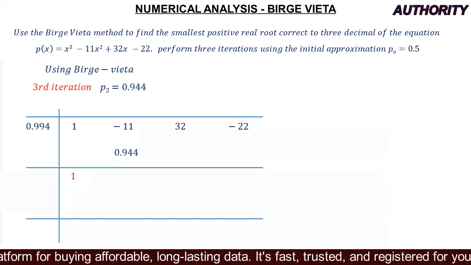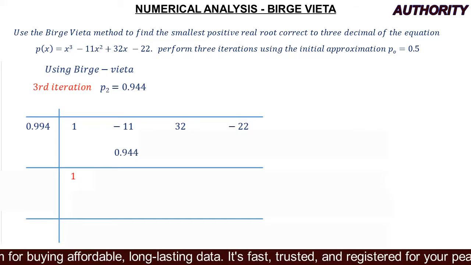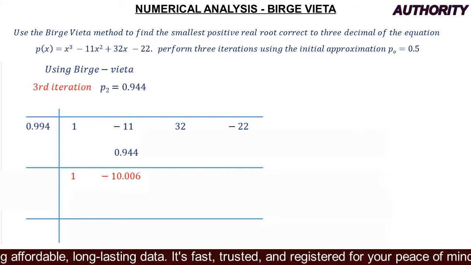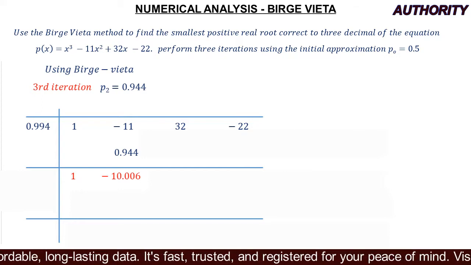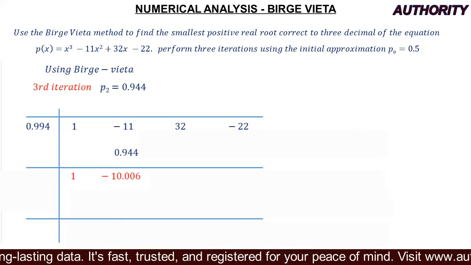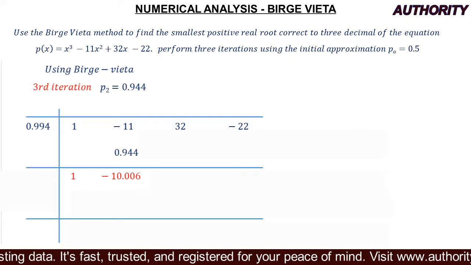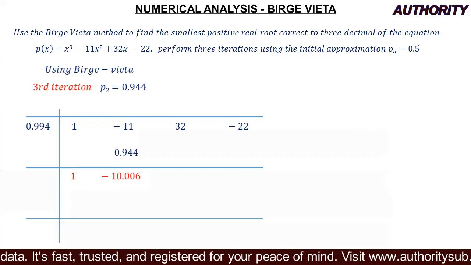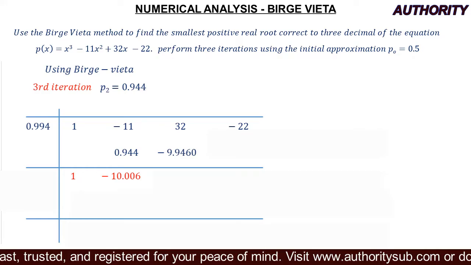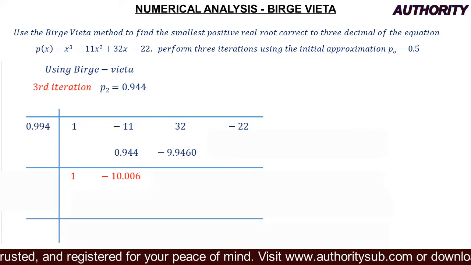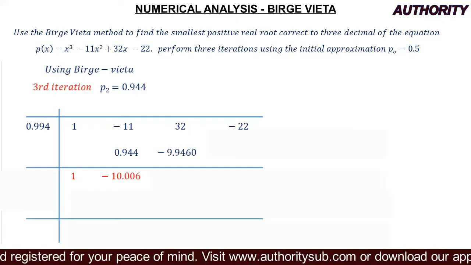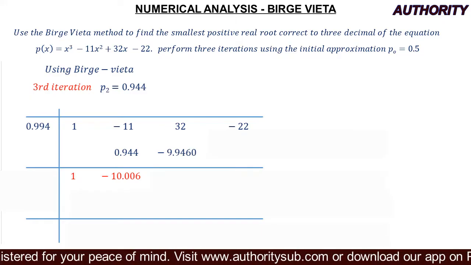Now we have minus 11 plus 0.994, which gives minus 10.006. This minus 10.006 multiplied by P2 gives minus 9.9460. So we add together.